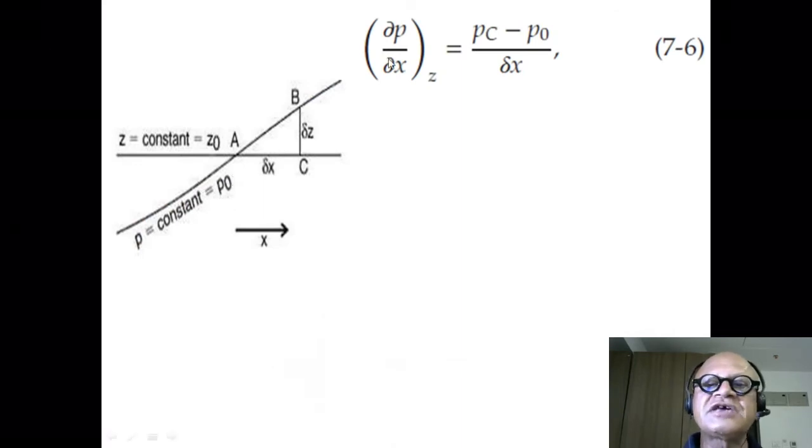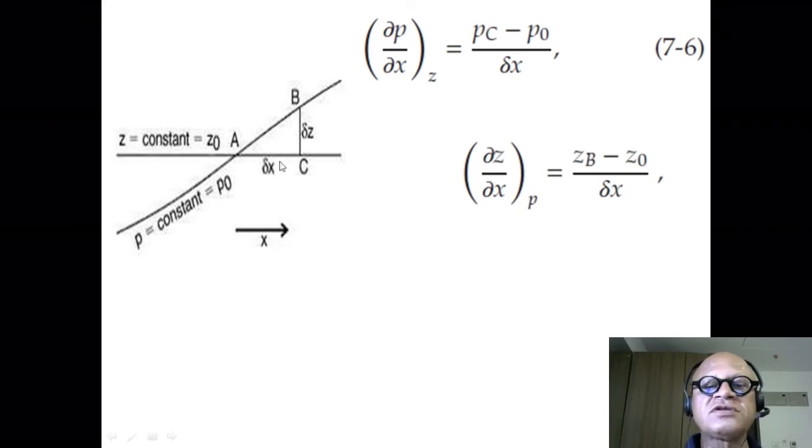So looking at this again, dp dx on a constant z surface is going in this direction. So we go PC minus PA, which is P0 because that's where the pressure surface is intersecting the z surface, divided by delta x. That's fairly straightforward for small delta x. Then we write dz dx at constant p, right?